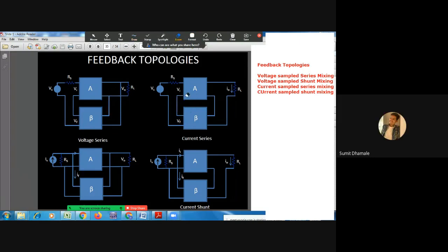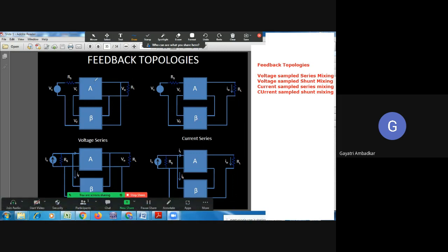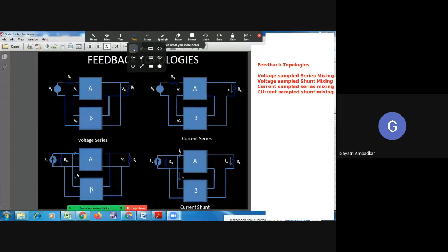No, ma'am. Okay. Now, when you want to sample voltage, where is the sampling taking place? At the output side. So, I have drawn here four configurations: amplifier, feedback network, amplifier, feedback network. Look at the first. Whenever you have to sample voltage, you have to connect the beta network.